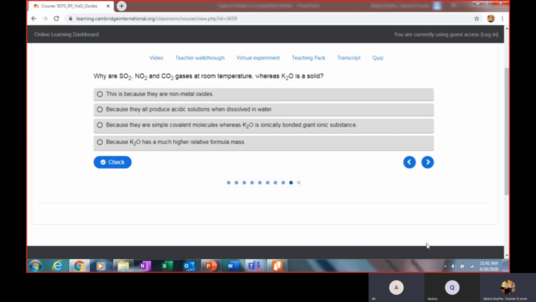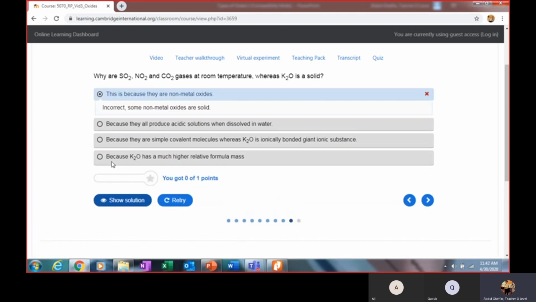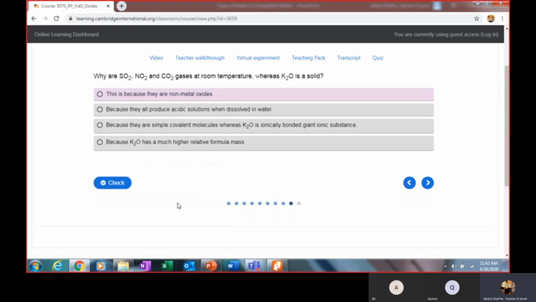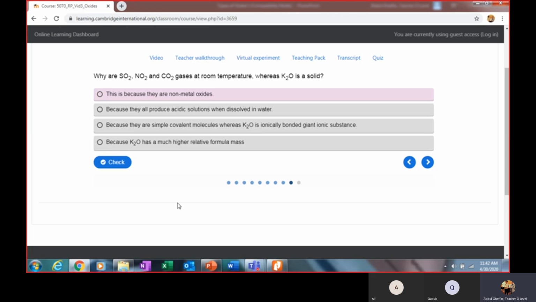Because they all produce acid solution when dissolved in water, and because they are simple covalent molecules, whereas K2O is ionic.